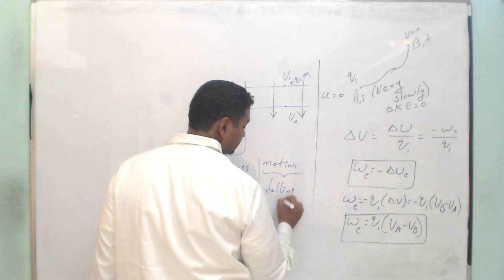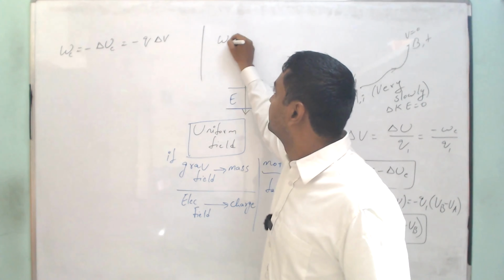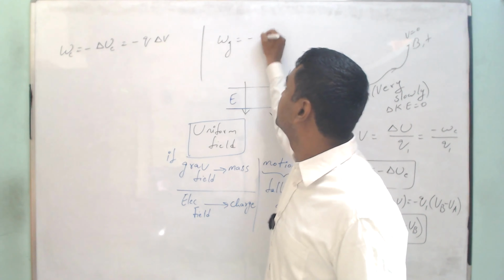In terms of electrostatics, I can write this as Q into delta V. In terms of the gravitation chapter, work done by the gravitational field is equal to minus of change in gravitational potential energy. In place of charge, I will only have mass, but my delta V again will come to the same story.